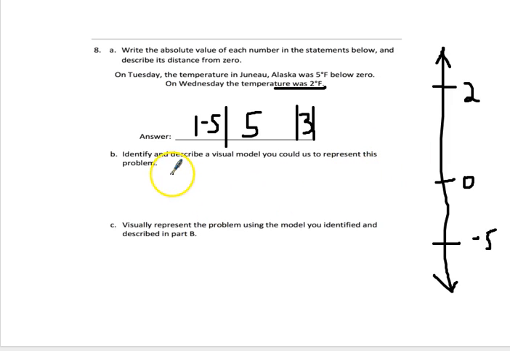Identify and describe a visual model you could use to represent this problem. You could use a vertical number line to represent the model because we're dealing with temperatures and this would look like a thermometer. Okay? And you've got your amounts that were mentioned here.